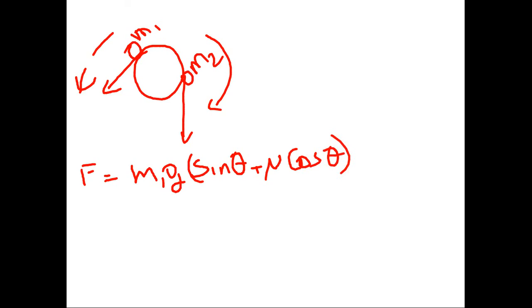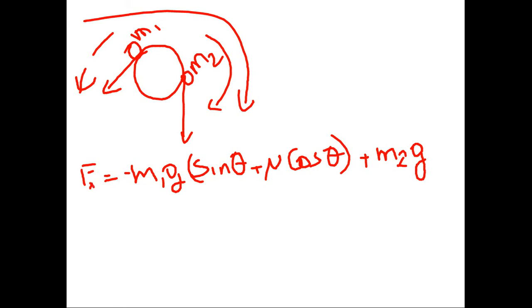Since we said the system was moving this way, we put a minus sign on this force, and we add M2 g, which is the other force acting on M2. The torque will be F times the radius, so we multiply all this by the radius to get the torque.